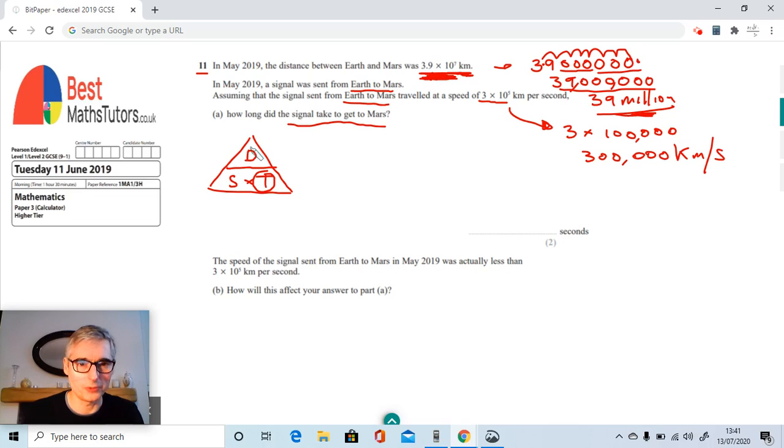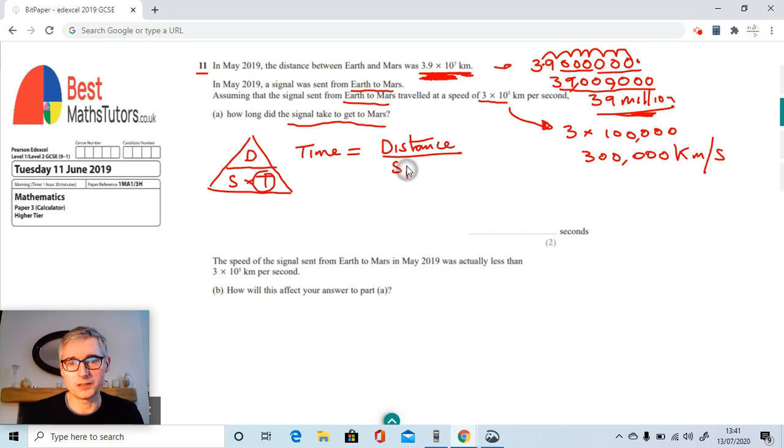If we wanted to know what the distance was, if we covered up the one we want, we'd be left with speed times time. So because we're looking for time, how long did the signal take to get to Mars, is equal to distance over speed.